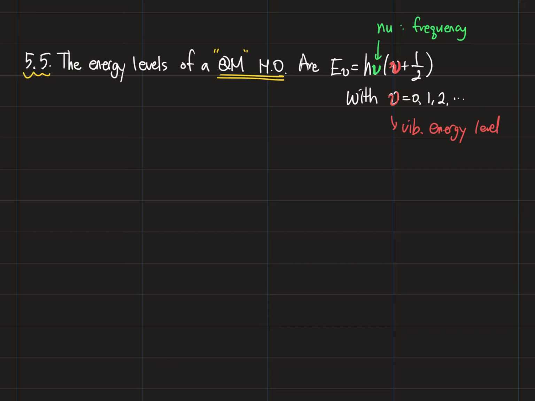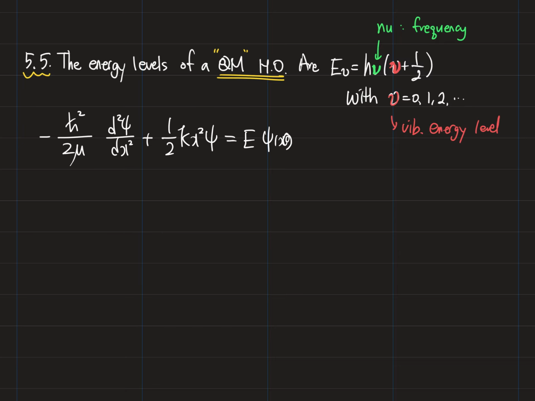So the one-dimensional Schrödinger equation for the harmonic oscillator with reduced mu should be h bar squared over 2 mu, and so on, given like this.